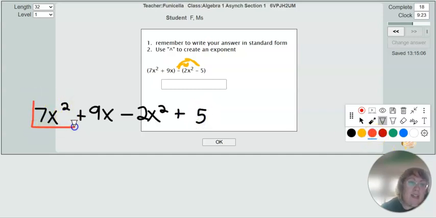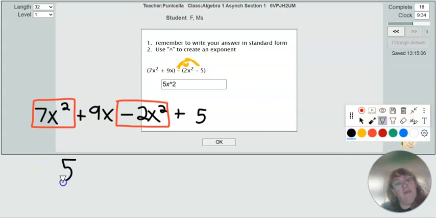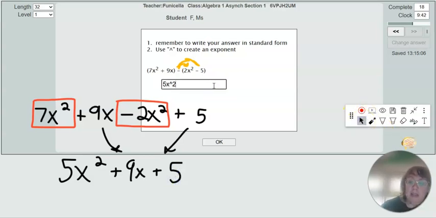So we have this 7x squared minus a 2x squared. 7 minus 2 gets us a 5x squared. And then we just bring down that plus 9x, and that plus 5. Those cannot be combined, but they're still part of our answer, like so. Hit OK.